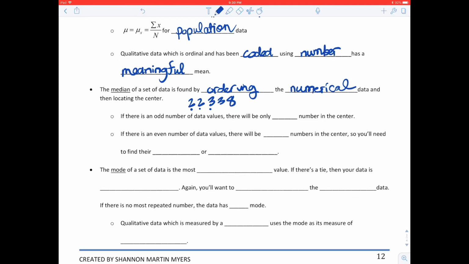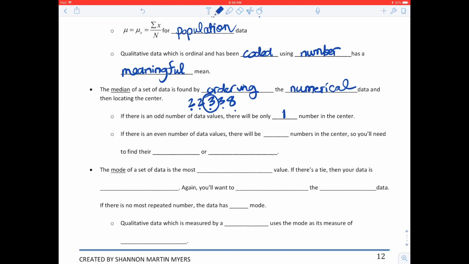If you count from the right, you got 1, 2, 3. You see the 3 is directly in the center. So that's the easy way. There's only going to be one number in the center, whether you count from the left or the right, you'll meet at one number in the center.